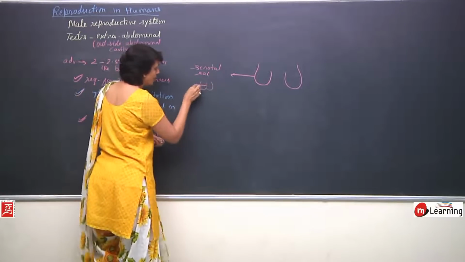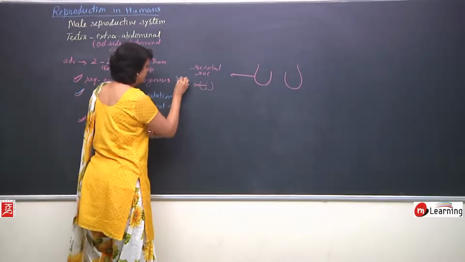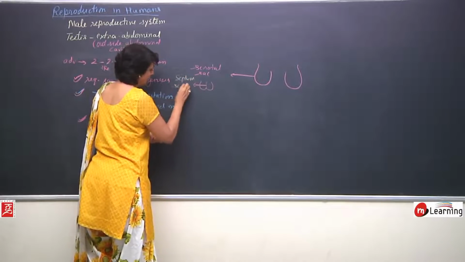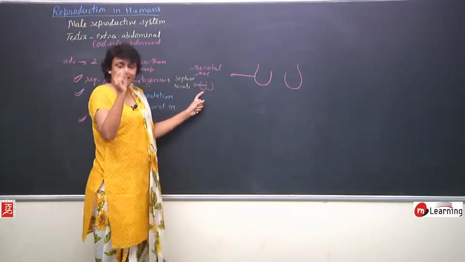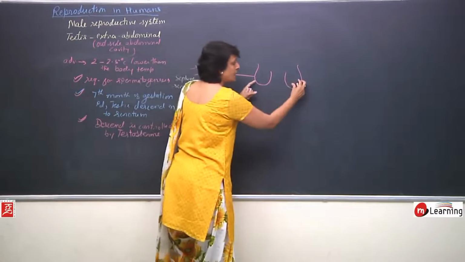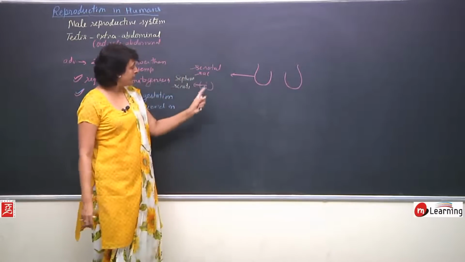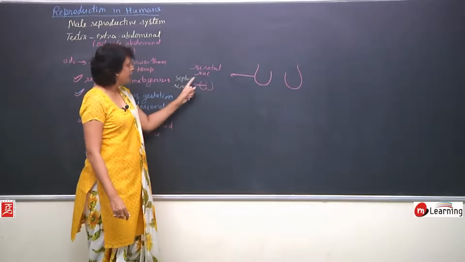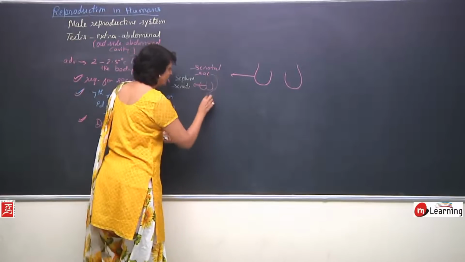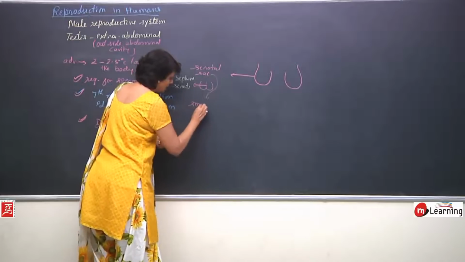This is known as septum scroti. So, there is a scar-like connection. Because we want to see the structure in detail, we have separated these 2, but they are connected like this. The scrotal sacs are lined with smooth muscles.